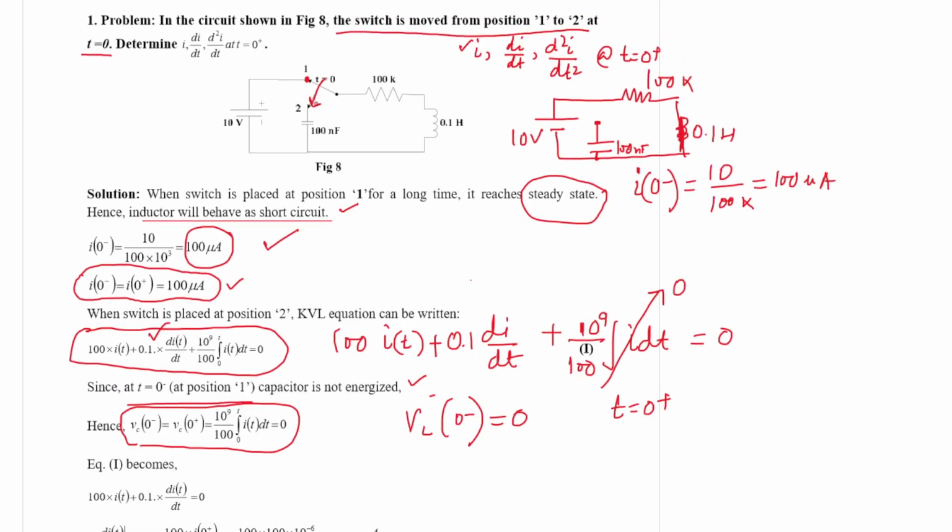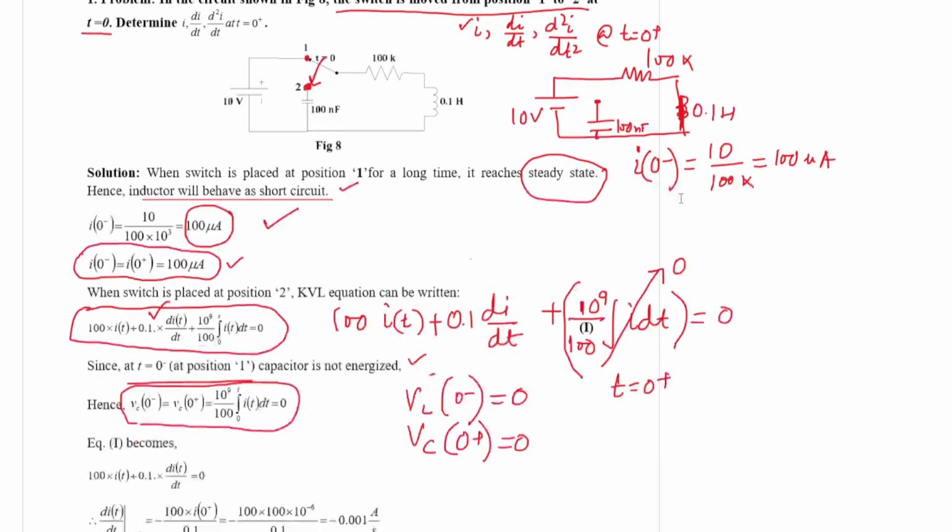Now when the switch is at position 2, the capacitor does not allow its voltage to change instantaneously, so just after the switching it also remains 0. So we can neglect the capacitance voltage term by making it 0, and this is true for t equal to 0 plus only.